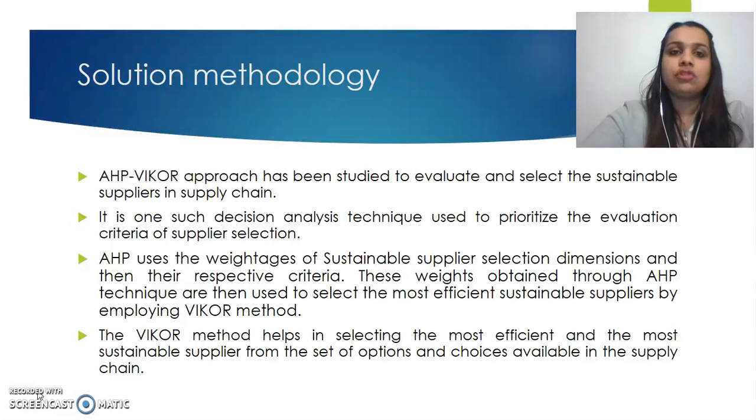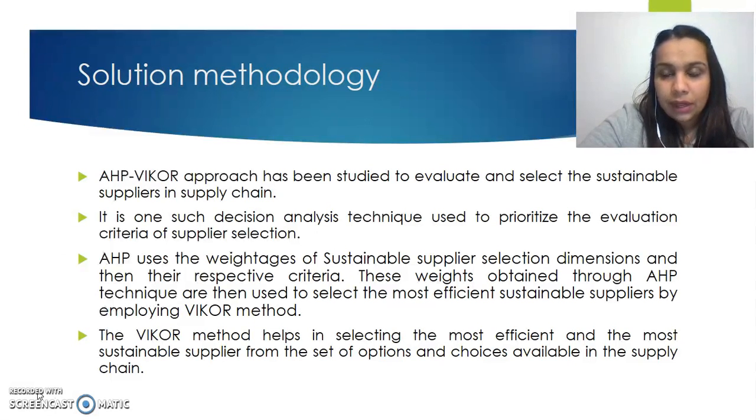So what is this solution methodology? How does it work? Basically, the AHP-VIKOR approach has been studied to evaluate and to select the sustainable supplier in supply chain. It is one such decision analysis technique used to prioritize the evaluation criteria of supplier selection. AHP uses the weightages of sustainable supplier selection dimensions and then their respective criteria.